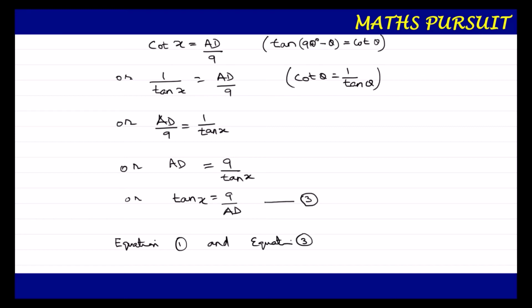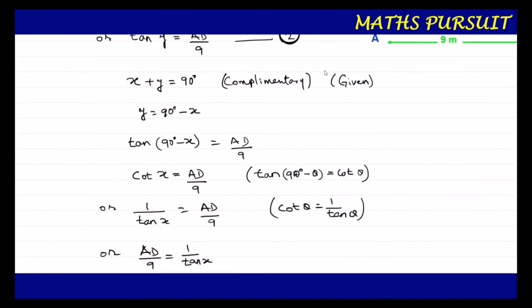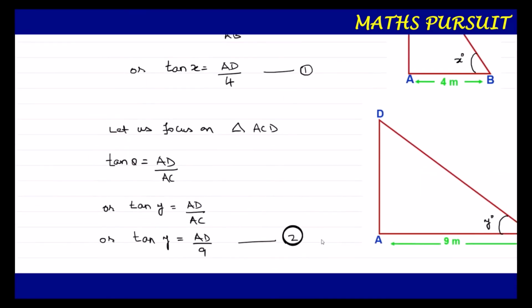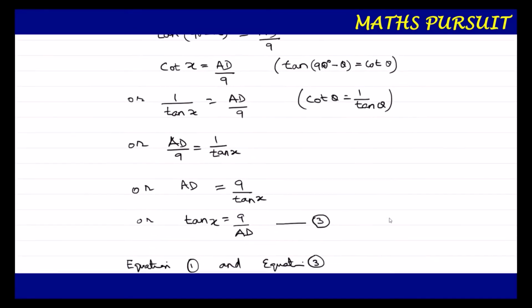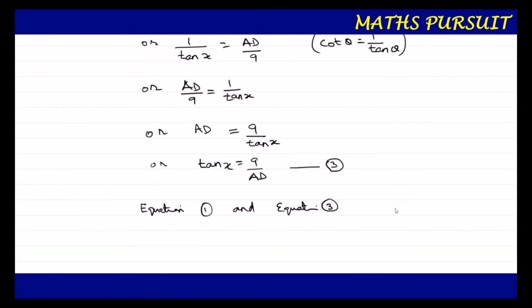How? Because in equation 1 we got tan x is equal to AD upon 4, and in equation 3 we got tan x is equal to 9 upon AD. So for the same tan x we got different expressions. For that reason, equation 1 is equal to equation 3.